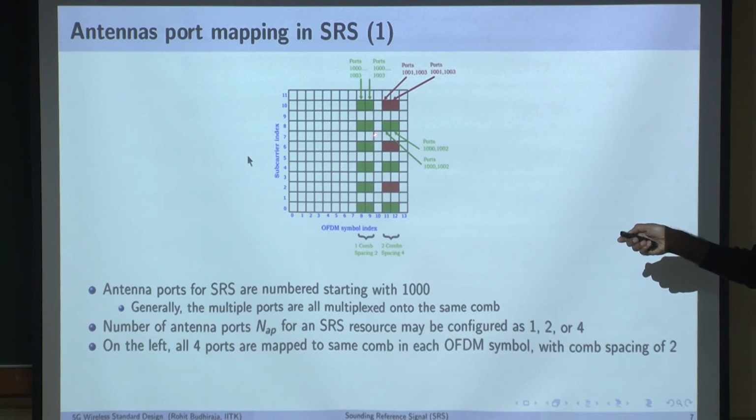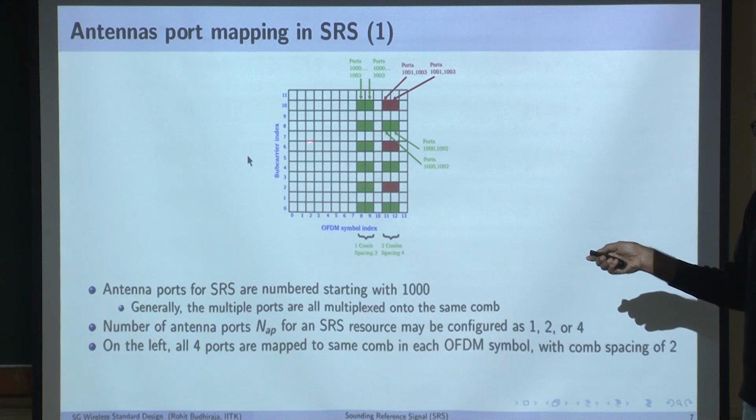The comb spacing can be 2 or 4. So all 4 ports are mapped to the same COMB in each OFDM symbol with a comb spacing of 2, and so how will it be mapped?